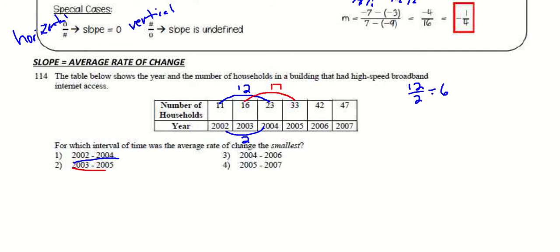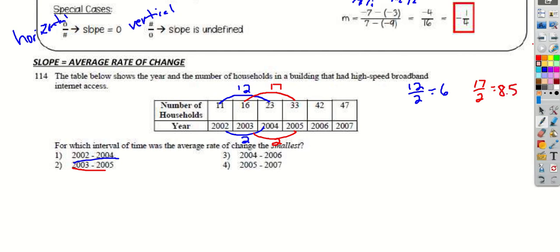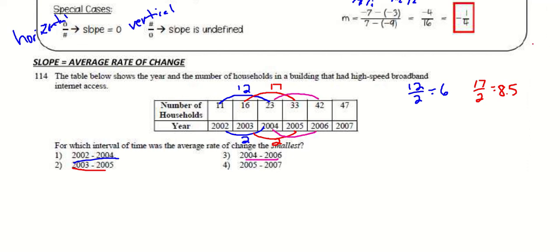so that's actually a change of 17. And once again, this is over 2 years. So 17 divided by 2, right, is going to be 8.5. So you can see that that rate is a little bit larger, okay? If we look at 2004 to 2006, okay, from 23 to 42 is 19, and once again, that's over 2 years.